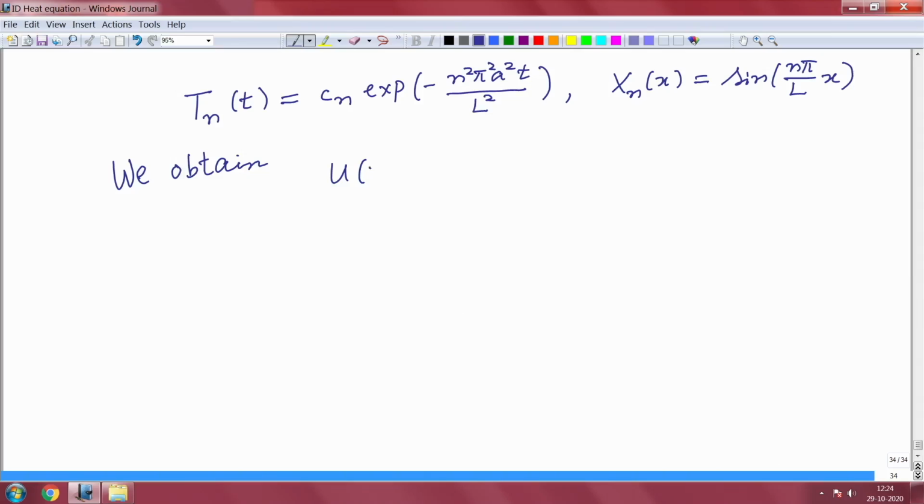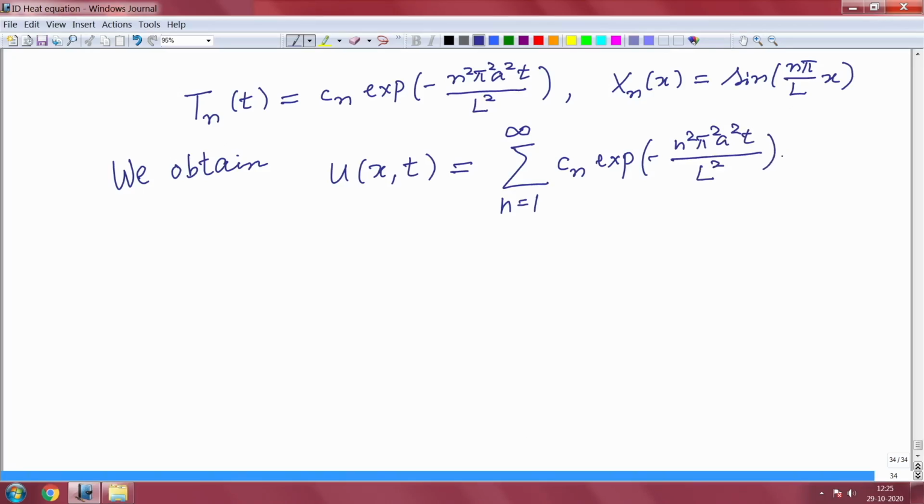U x t is equal to summation n equal to 1 to infinity, not 0, C n exponential, let me write it again, sin n pi by L x.